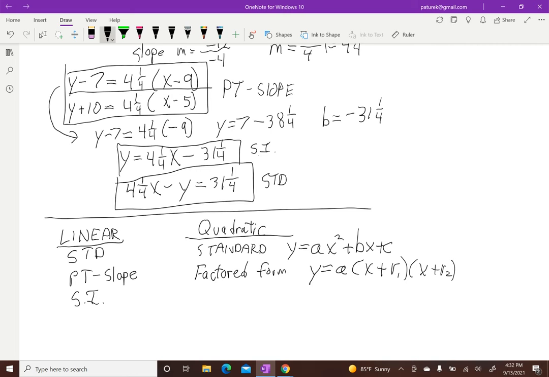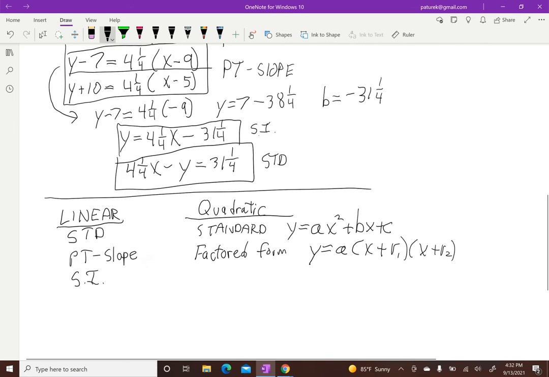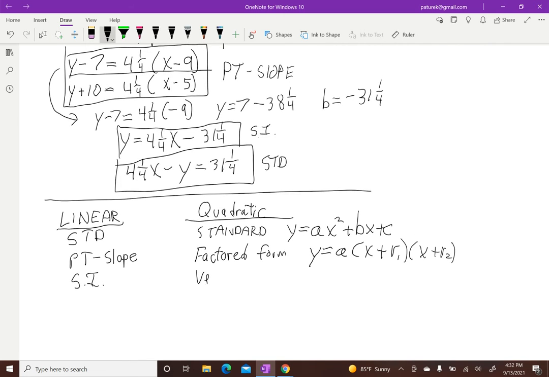And in class today, I wrote minus signs here instead of plus signs. And I'll leave it the way I'm doing it right now. And finally, there's vertex form. And that means y is equal to some constant a that cannot be equal to 0 times x minus h quantity squared plus k, where h and k are the coordinates of the vertex of this parabola.